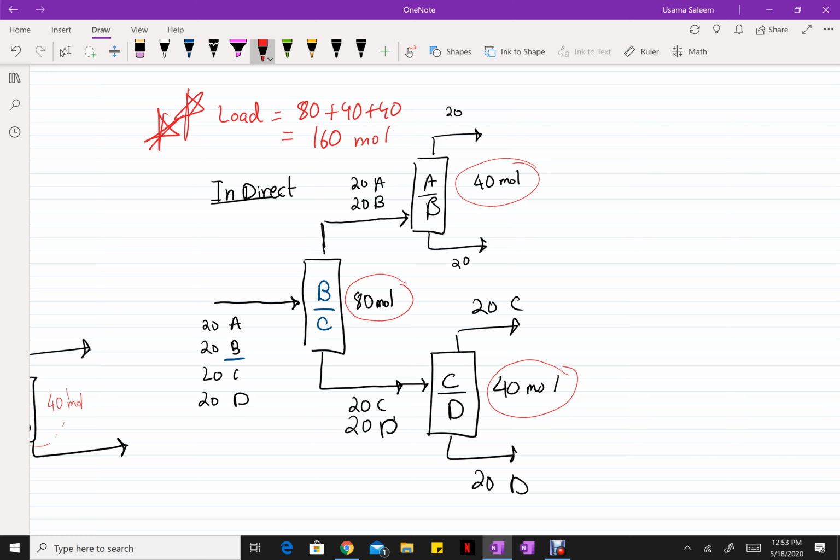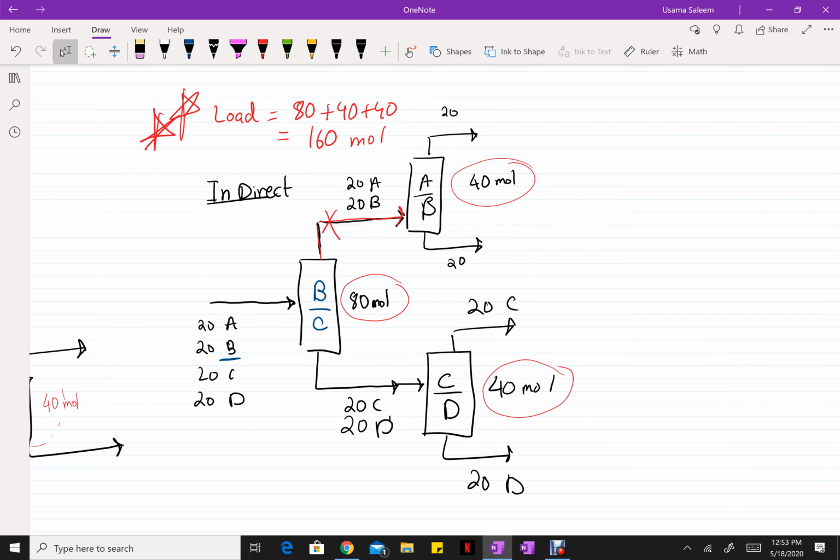And second, if something goes down in one of the lines, let's say something bad happens at the distillate of the first column, the A and B column will need to be taken offline, but the C and D column is still going to be operational. So there's a bit of redundancy, which is really desirable in your chemical plants.